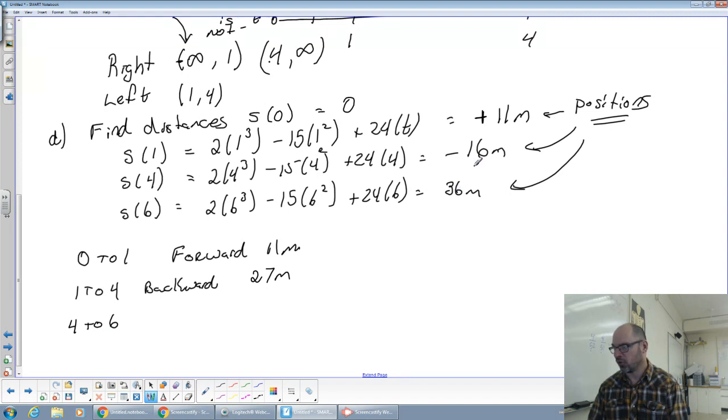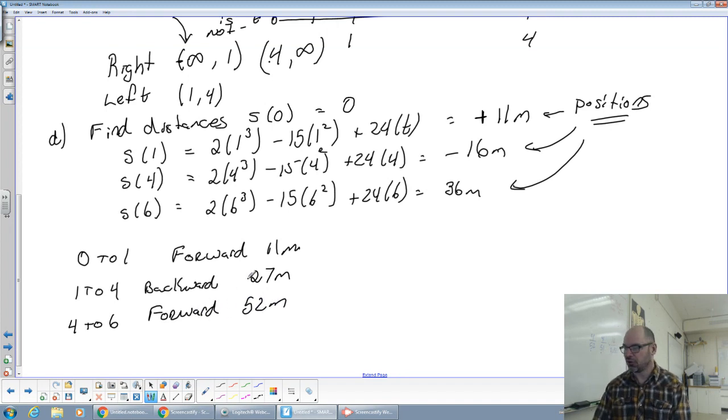So what would that be in total distance? That would be 36 plus 16 more. So that'd be 52. You went forward 52. Okay, so the total distance that you drove is you went forward 11, backward 27, forward 52.